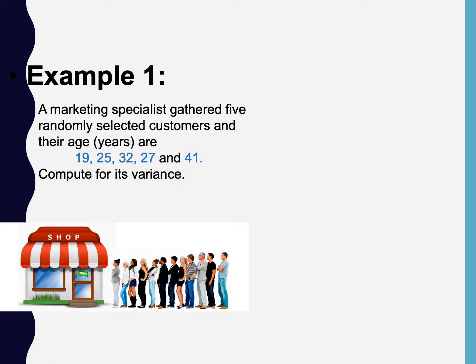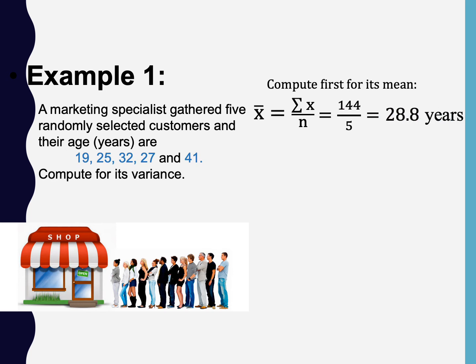Next, in this example, you have to compute for the variance of the age of the randomly selected customers. So in this problem, since we're dealing with samples, you will use the formula for the sample variance. So computing for the mean of your data set, that will give you 28.8.